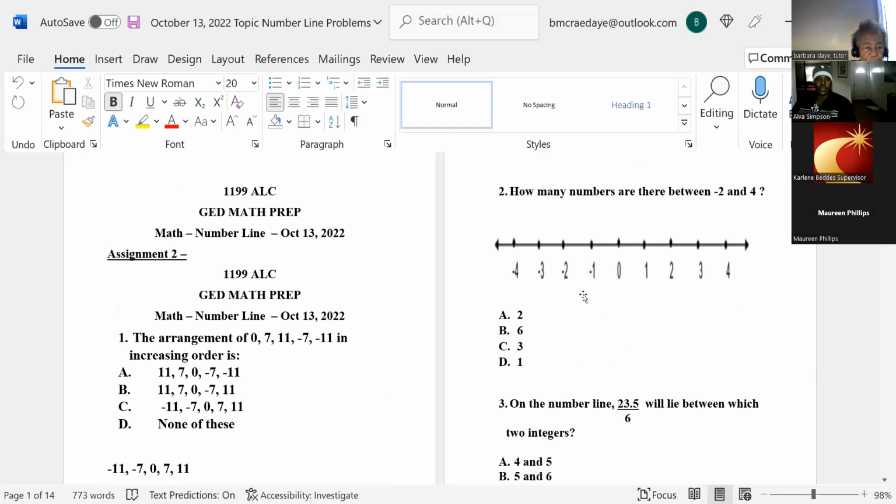That's right. Because if you start with the -1, there's 1, 2, 3, 4, 5, 6. Now you're up to 4. So what is your answer, Michelle? 6. So A, B, C, or D? It would be B. That's right. Answer B.